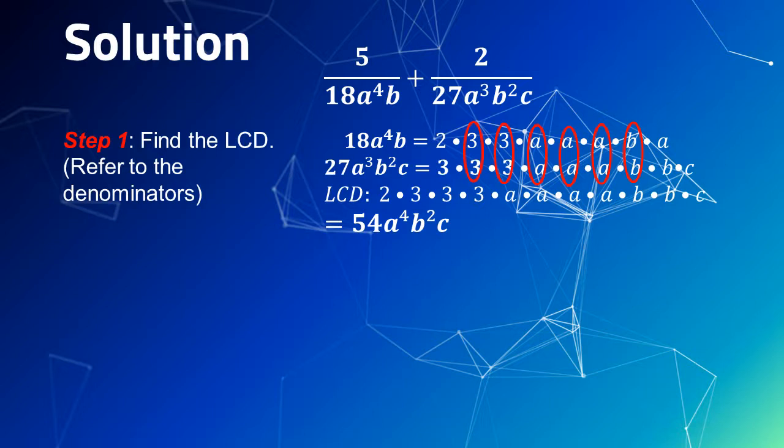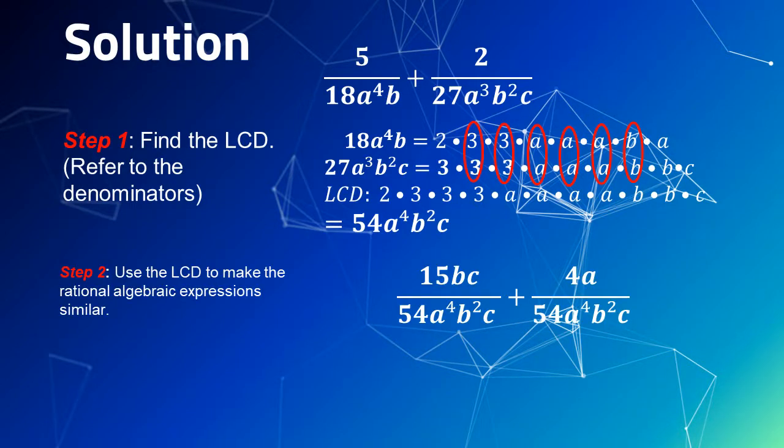After that, we're going to get the common factors. We have to encircle the common factors: 3, another 3, the a's, and b. The rest are non-common factors. Then, to find the LCD, we're going to multiply the non-common factors and the common factors. We have here 2 times 3.